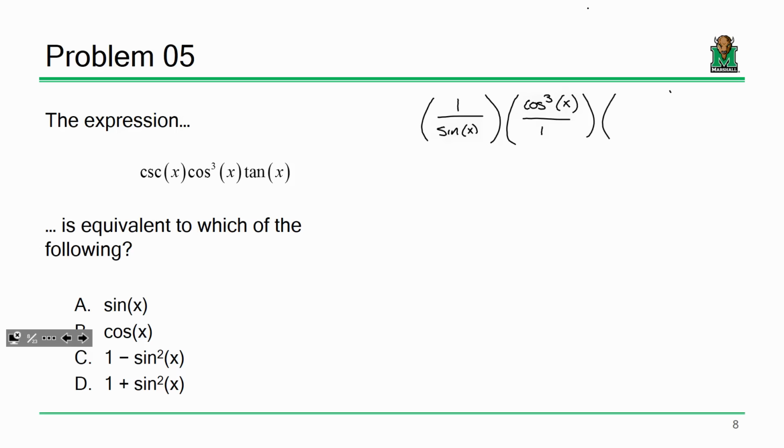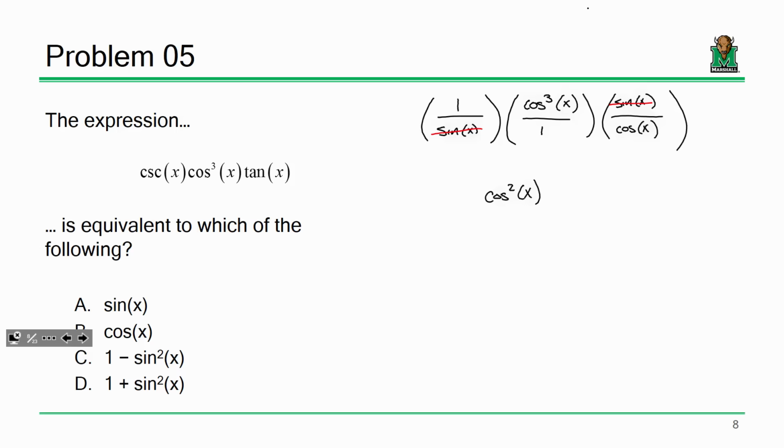And then times the tangent. What can I do with the tangent? There we go. Sound good? Now, what can I do right here? And I can also cancel a cosine, right? So I get this. But that's not a choice now, is it?